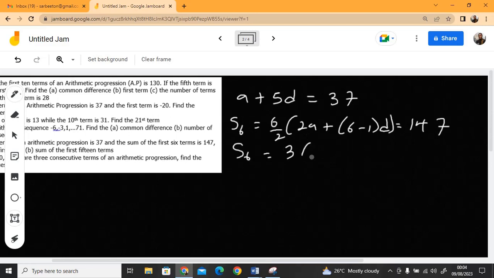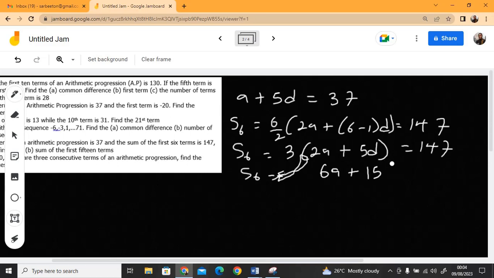We have 3 times 2a plus 6 minus 1, which is 5, times d, 5d, equals 147. So S6 equals 3 times 2a, that is 6a, plus 3 times 5d, 15d, equals 147.